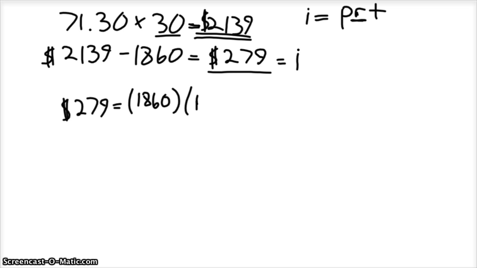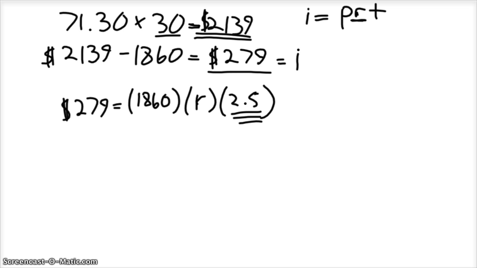We're trying to find R. And now we got to figure out our T. We're talking about 30 months, so we have to calculate that into years. There's 12 months in a year, so 2 years is 24, and then 6 months would get us to 30. So that would be 2.5 years. Remember, always turn it into years.